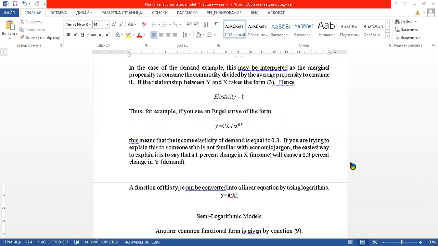If you're trying to explain this to someone who's not familiar with economic jargon, the easiest way to explain is to say that a 1% change in x will cause a 0.3% change in y.